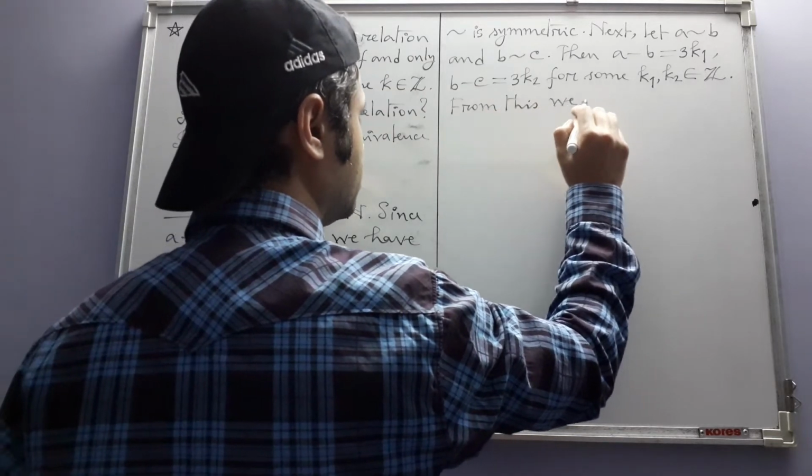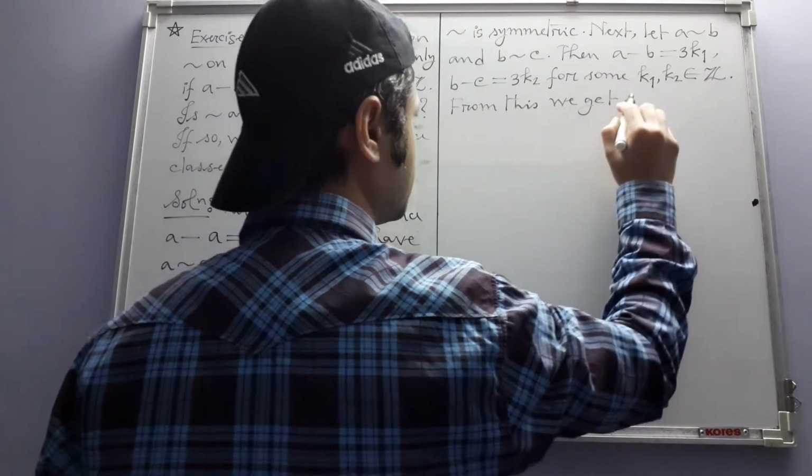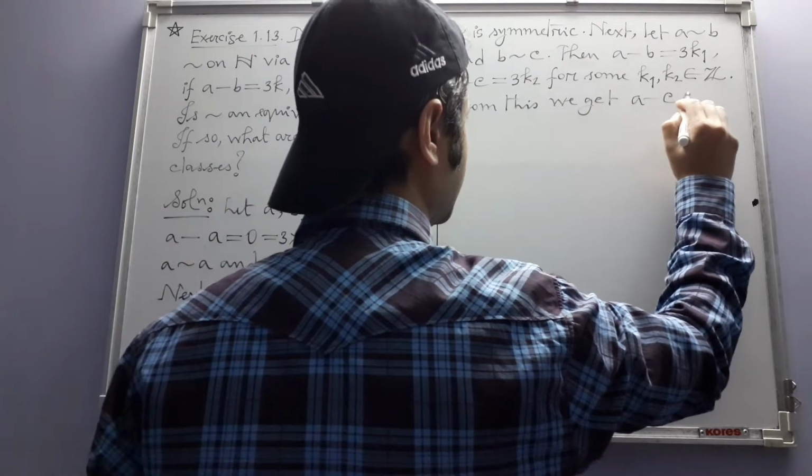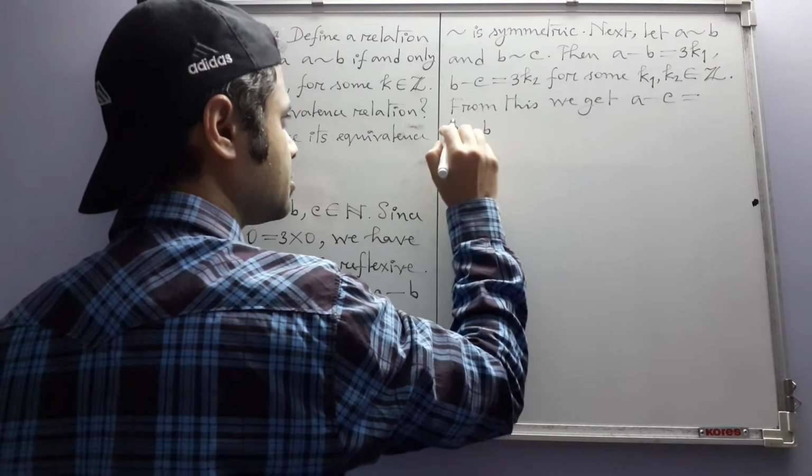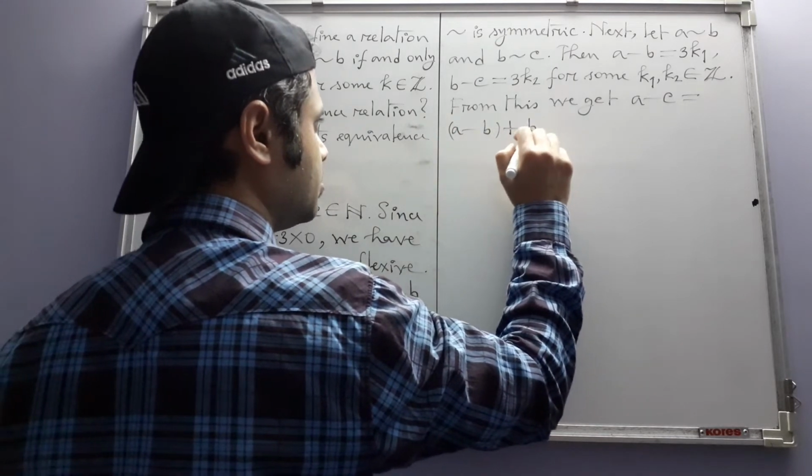From this we get a minus c. A minus c can be written as a minus b plus b minus c.